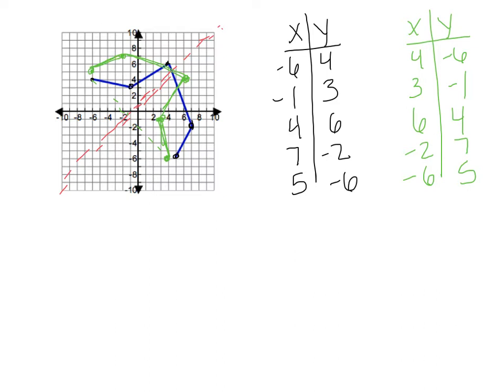If you were to flip that blue graph over that red line, y equals x, you can see that they would match up. My drawing is not perfect, but that flipping of x and y enables us to see what the inverse would actually be. So here you saw an example of both a graphic inverse as well as doing the inverse with a table. Now we're going to look at some algebraic ways to find the inverse.